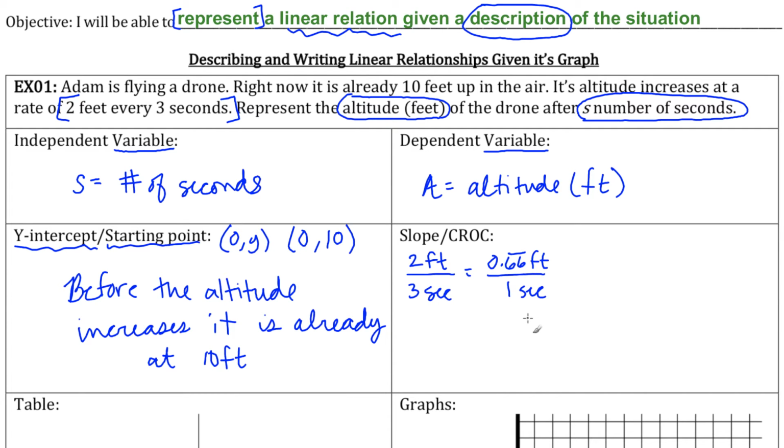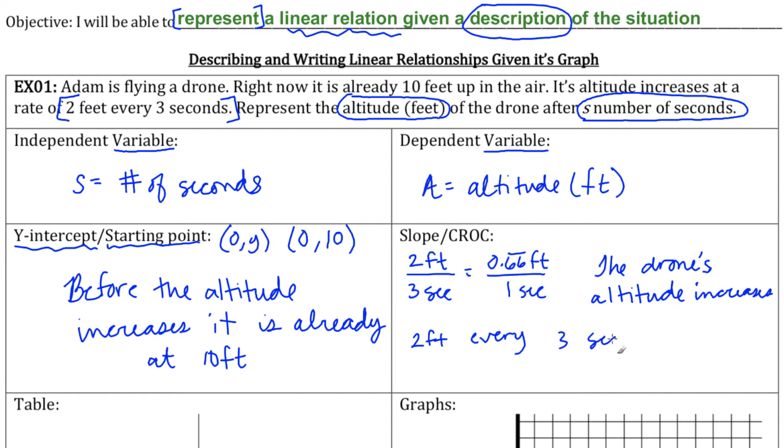Now let's write what that means in words. It means that the drone's altitude increases 2 feet every 3 seconds.